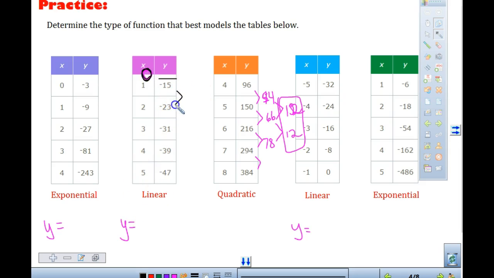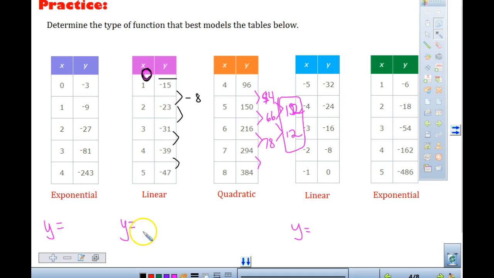What did we have for our common difference in this first linear one? What did we end up with going from negative 15 to negative 23, negative 23 to negative 31? What were we looking at, Becca? What was happening? We were subtracting what? We're subtracting 8. So in my equation, what does that look like?